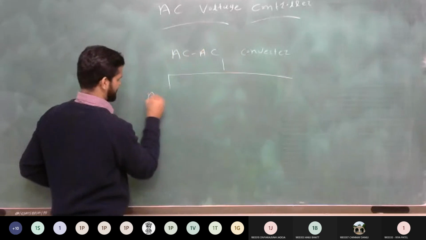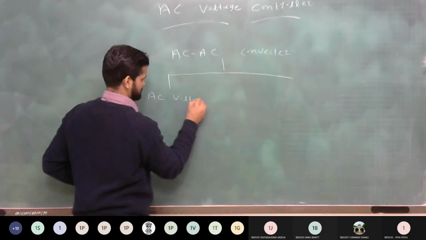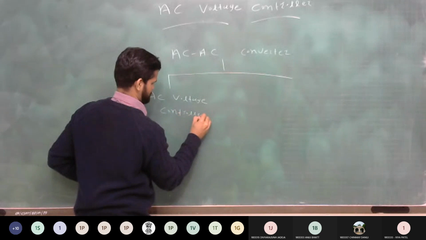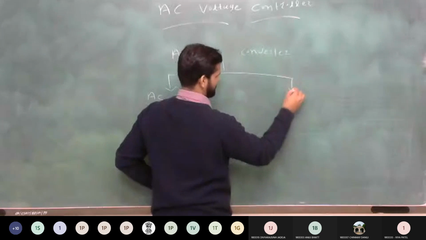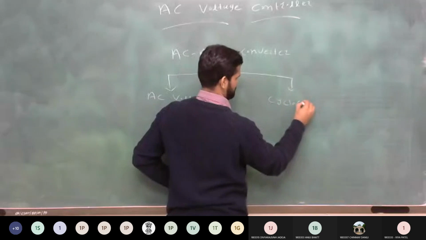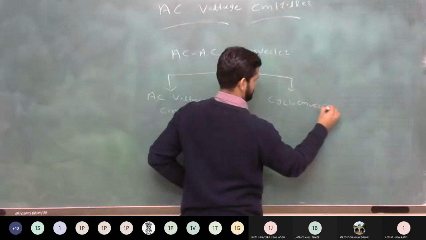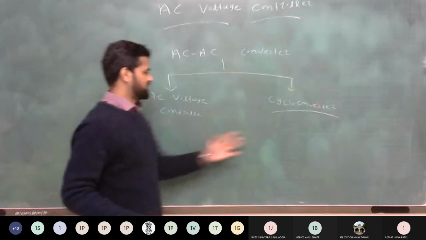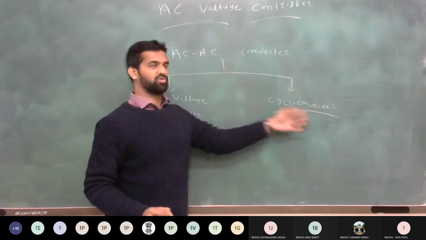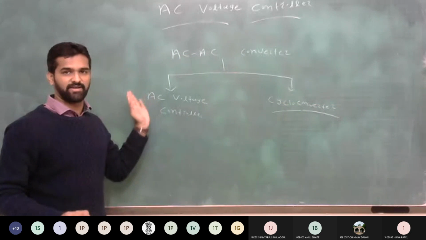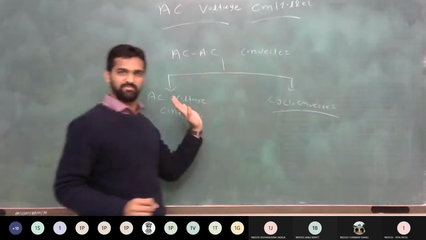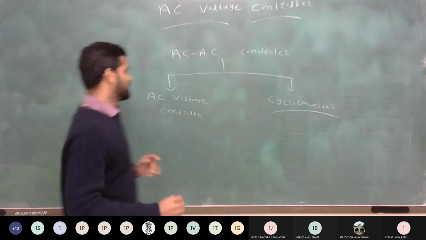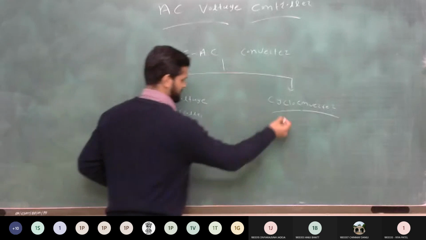One is this AC voltage controller, and another is cyclo converter. So both of these converters, AC voltage controller and cyclo converter, are AC to AC converters. It means they convert AC to AC. Your supply is AC, your output is AC. But what is the difference between these two converters?